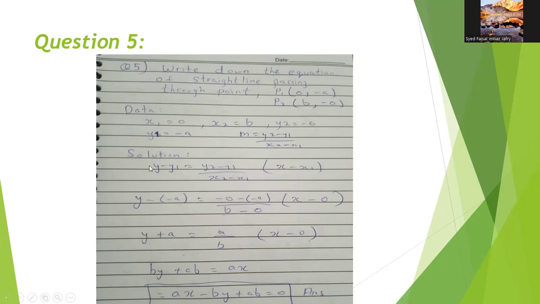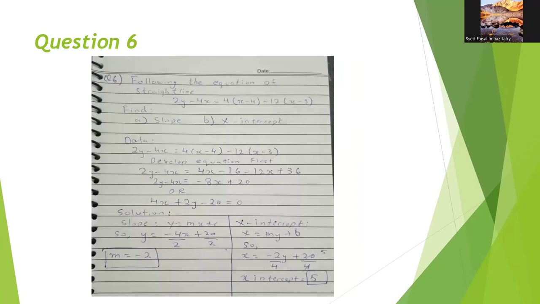So now we have the data and the slope. You know the slope is y2 minus y1 upon x2 minus x1. Now we will apply the formula. Which formula is suitable? Y minus y1 is equal to y2 minus y1 upon x2 minus x1, bracket of x minus x1. We put the values in, and then we will get the straight line equation answer. Moving forward.